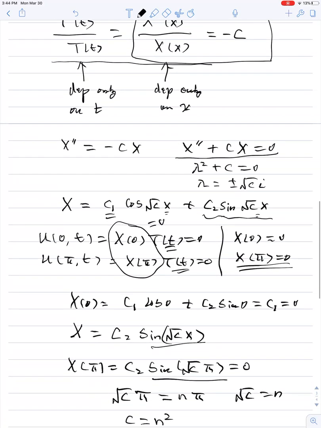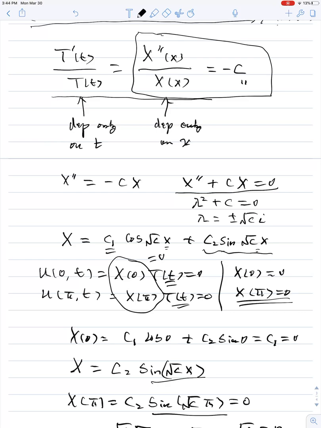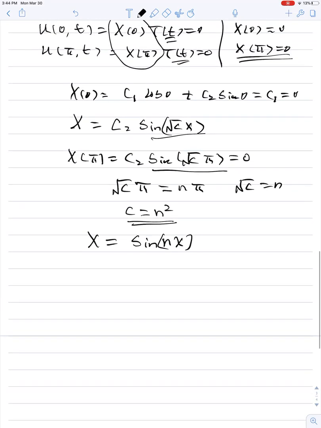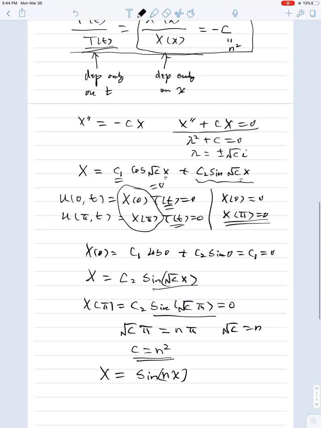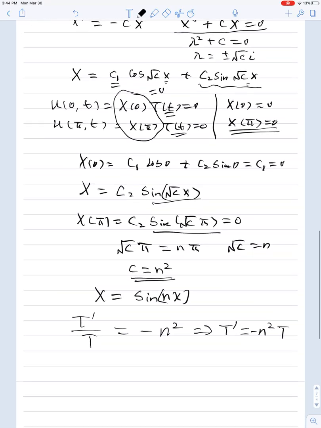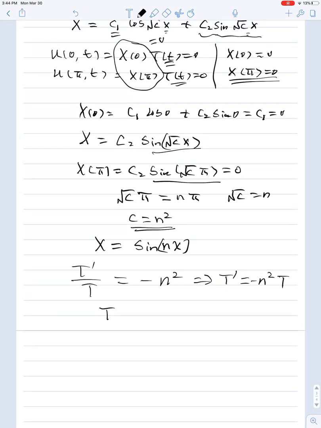Now if we come back to the equation involving t, T' equals negative n squared T. This is an equation we know how to solve, and the solution is e to the negative n squared t.